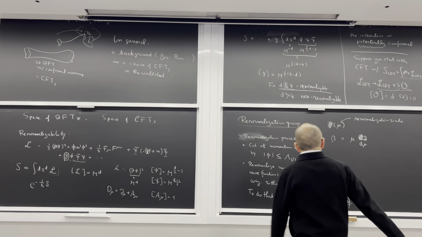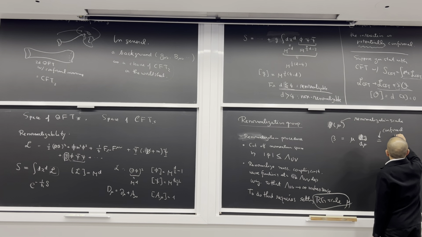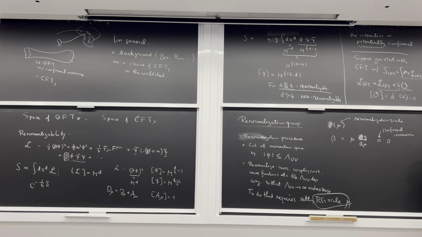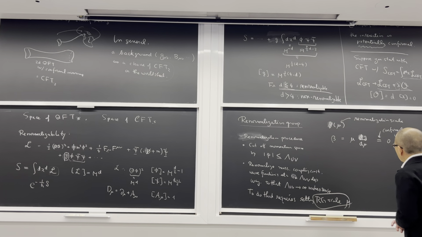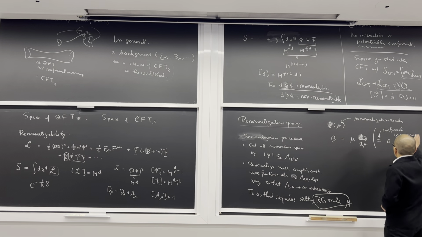The conformal invariance requires that this is equal to 0, because the renormalization scale by definition has dimension of energy and mass. So if the theory is conformal invariant, the renormalized coupling constant should not have such dependence. So this is a necessary condition for conformal invariance.